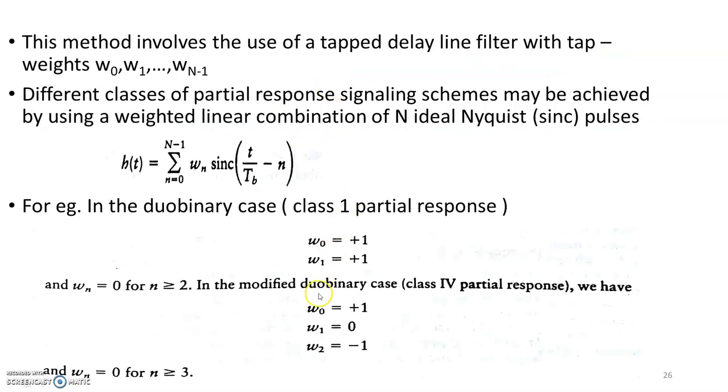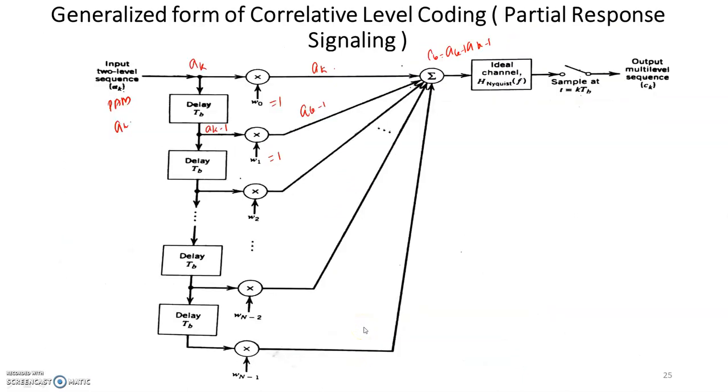Similarly, for modified duobinary coding, you substitute W0 equal to 1, W1 equal to 0 and W2 equal to minus 1. When you substitute this, here you get AK, here you have 0, and here you have minus AK, where AK minus 1 passes through one more delay unit to give AK minus 2, so it will be minus of AK minus 2.